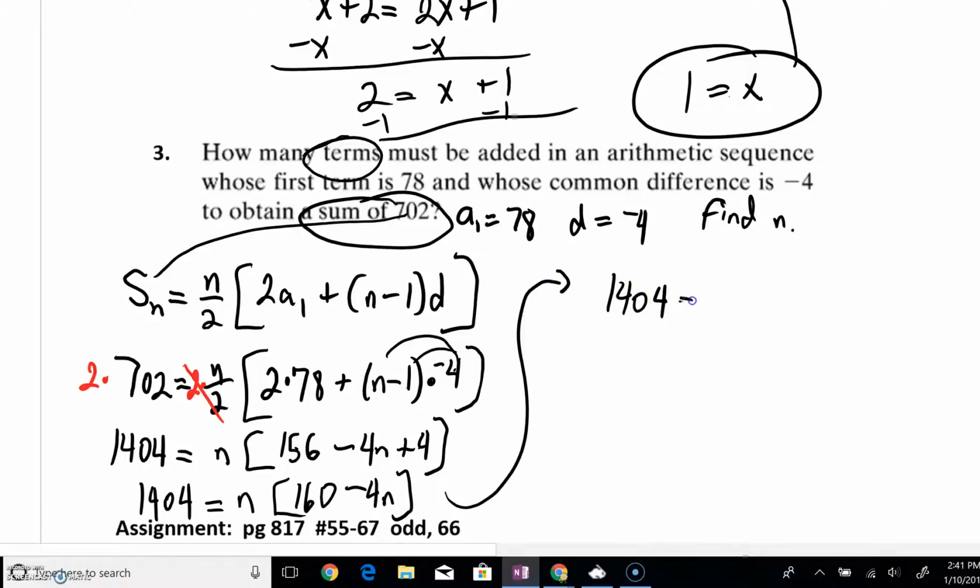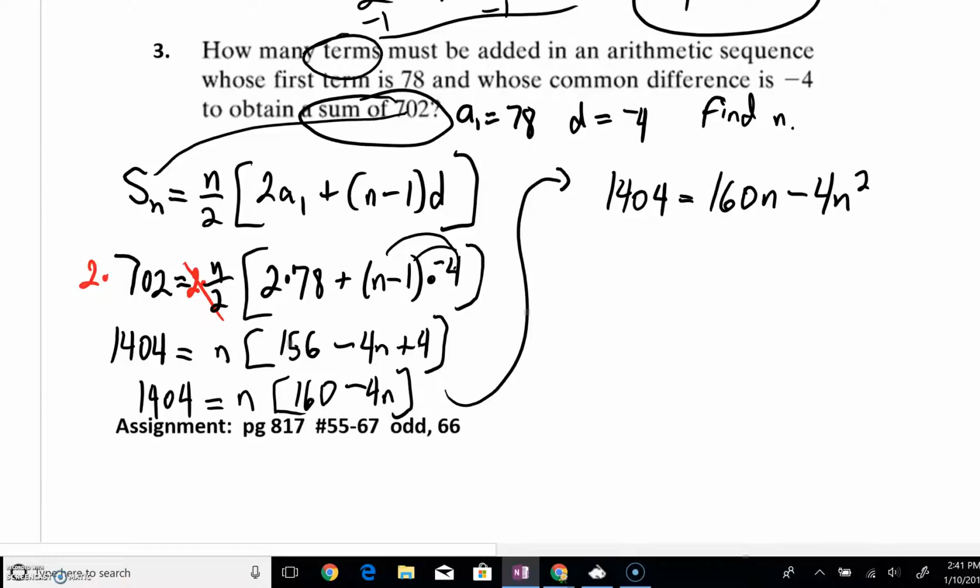You've got 1404 is equal to, as I distribute, 160n minus 4n squared. Well, when we're solving a quadratic, it can be helpful to get all of your terms on one side. I'm going to add a 4n squared, simultaneously subtract a 160n. And right now, my goodness, we very well have a messy looking problem with some frighteningly big numbers.